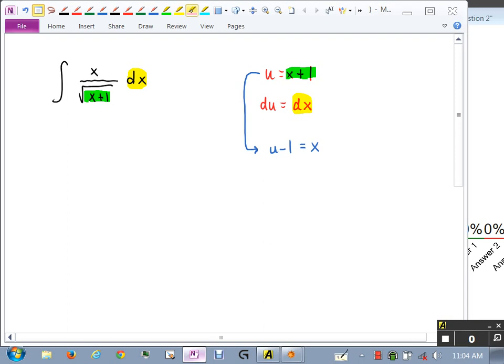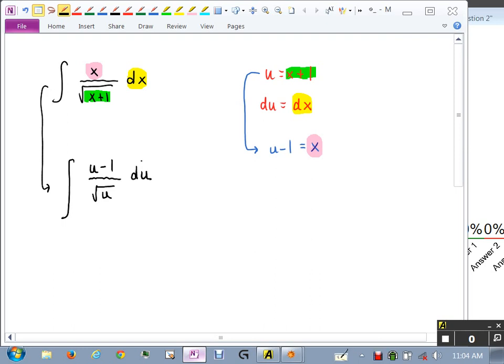That means I can replace this x on top with u minus 1. Okay, so let's try it, see where we go with it. I'm going to rewrite this integral. I'll have u minus 1 on top, then over square root of u, and then dx is du.